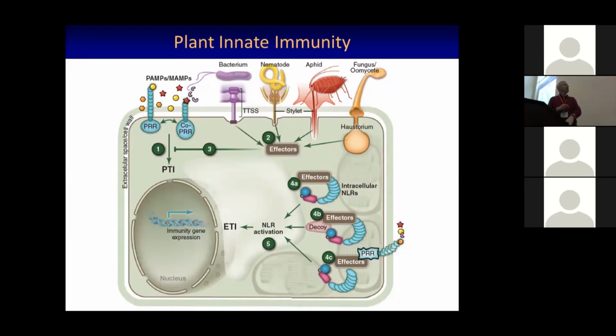But also now plants evolved, they had to have a mechanism to be able to overcome the virulence components of these effectors. And so plants basically evolved what breeders know as plant resistance genes. And the major class of plant resistance genes are called NLRs. These stand for nucleotide binding leucine-rich repeat proteins. And they kind of come in two major flavors.